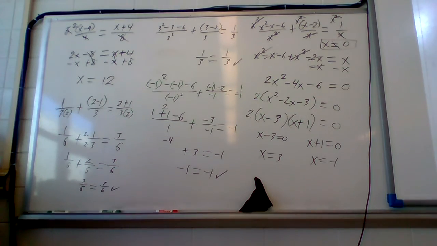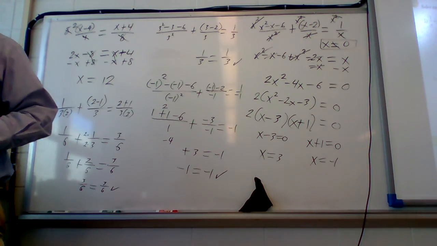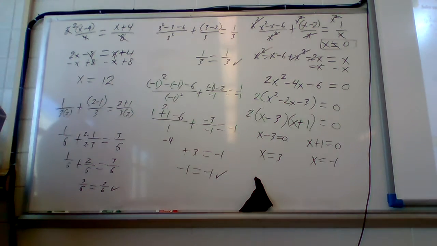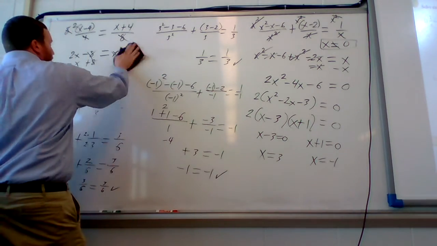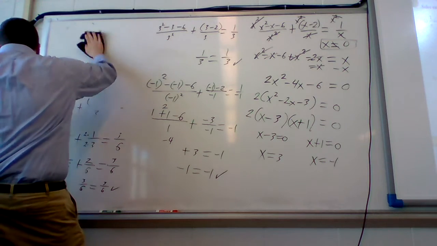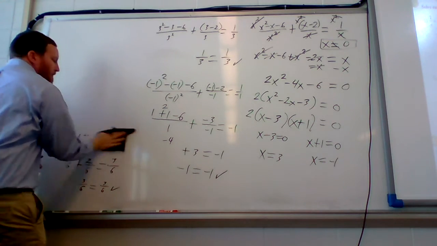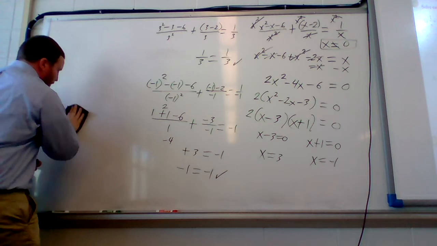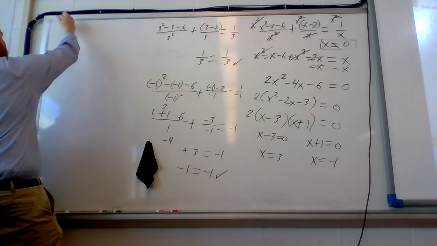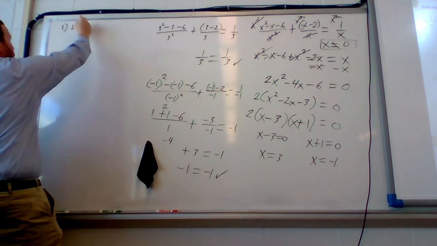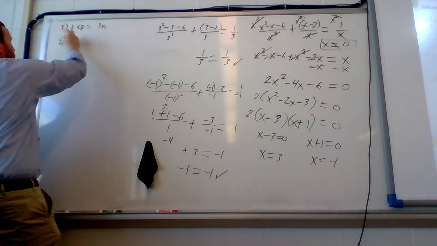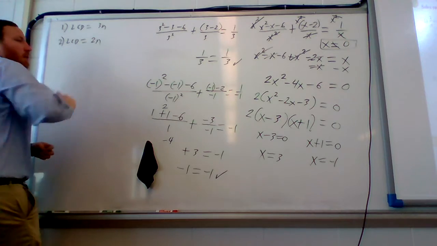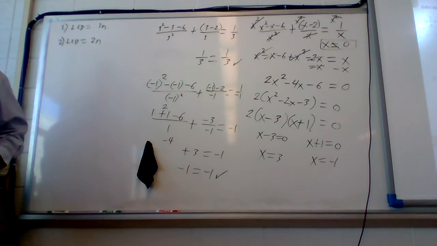So let's look at a couple of these problems on homework. Let's get you started. If we're looking at number 1, what would be my LCD for number 1? Right. We're looking at number 2. That'd be right.